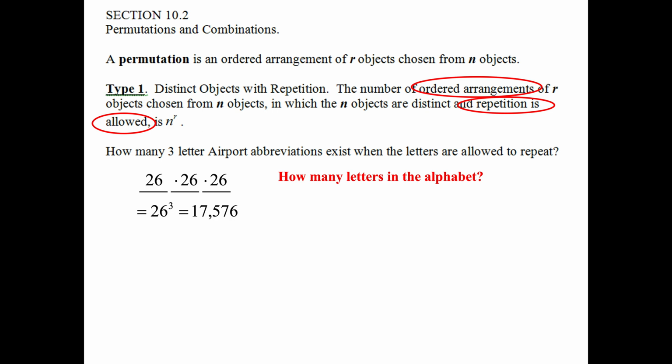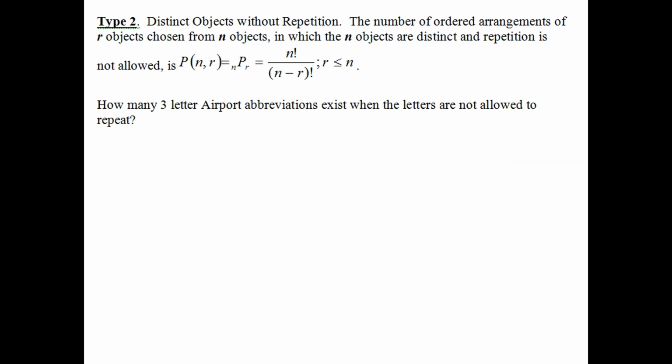Now, type 2 for permutations. Now you're going to notice it's without repetition. We still have ordered arrangements, but again, repetition is not allowed. So this gives us what we call our permutation formula.